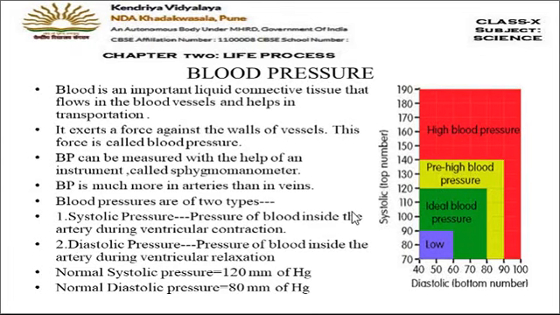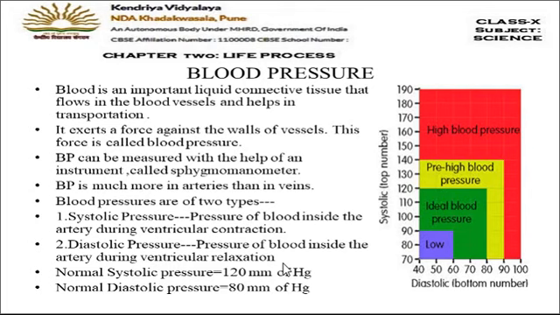So it is the pressure of the blood inside the arteries during ventricular contraction. When the ventricles contract, the pressure measured in the arteries at that time is called the systolic pressure. And the diastolic pressure is the pressure of the blood inside the arteries during ventricular relaxation. When the ventricles relax, at that time, what is the pressure in the arteries? That is called diastolic pressure.